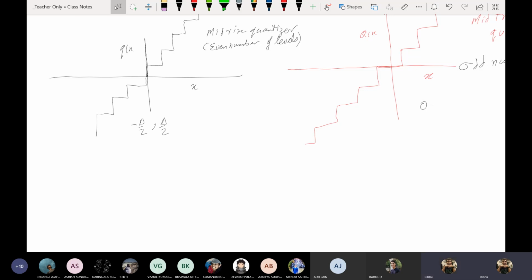That is practically observed. On average, you would expect that you are silent 50% of the time. So if you use the mid-rise quantizer, that 50% of the time you will be sending either plus delta or minus delta, depending on the acoustic noise, which will amount to some power at the receiver. But if you use the mid-thread quantizer, you will be sending a plain 0, which means that there's a silent period. So silence periods are easier to detect in mid-thread quantizers. That's why we use the mid-thread quantizer.